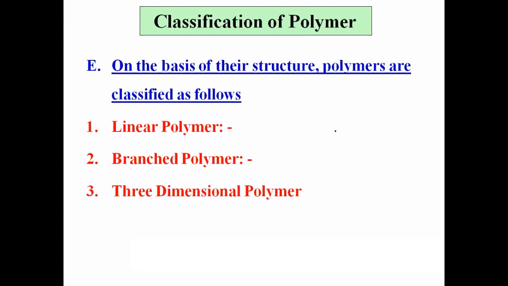That three-dimensional polymer is also called as the cross-linked polymer. Now let us see one by one about this classification. Actually, that classification is based on the basis of their structure. What is the geometrical structure of that polymer? On that basis, they are classified into linear, branched, and cross-linked polymer. Let us see one by one.